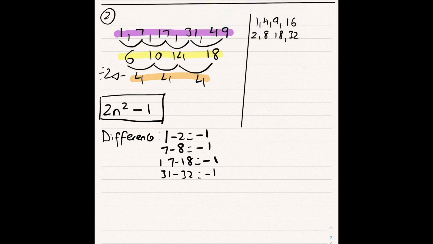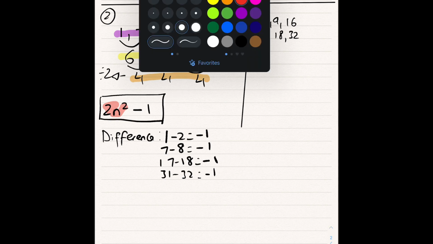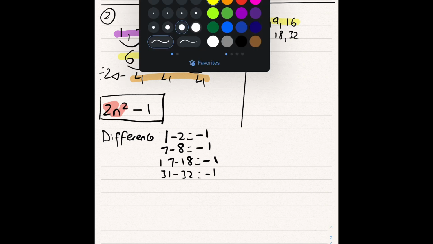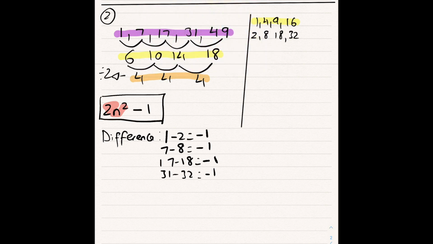So we have 2n squared. Now, to find the constant, we take away from the square numbers: 1, 4, 9, 16. However, because it's 2n squared, we must double the square numbers. So we have 2, 8, 18, 32.